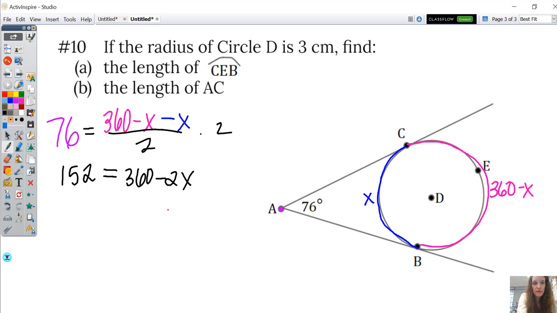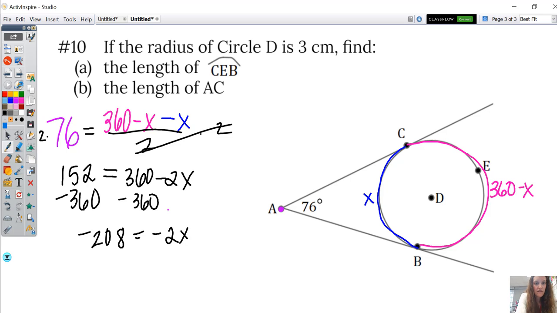And I multiplied by 2 on both sides to get rid of that 2 that's in the denominator. Then I'm going to subtract 360 from both sides and get -208. And then divide off that -2 and I will get 104. So this arc has a measure of 104 degrees, and then I'm just going to subtract that from 360. So the measure of arc CEB is 256.